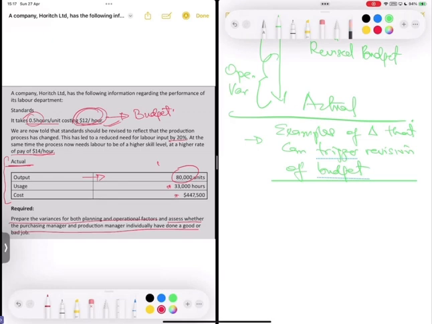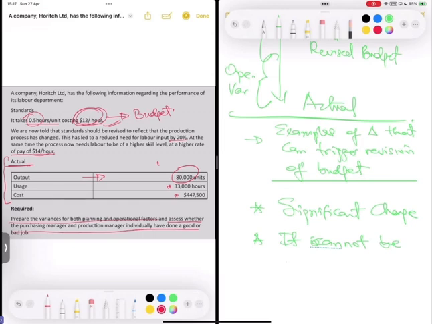There are criteria that have to be met. The first thing you need to understand is that it has to be a significant change, and you must have evidence of it. It also cannot be anticipated. Let me put it again.